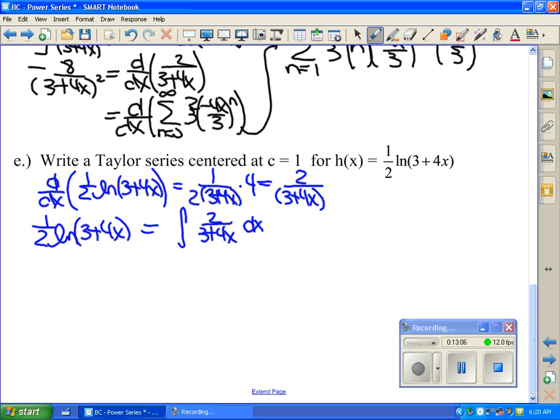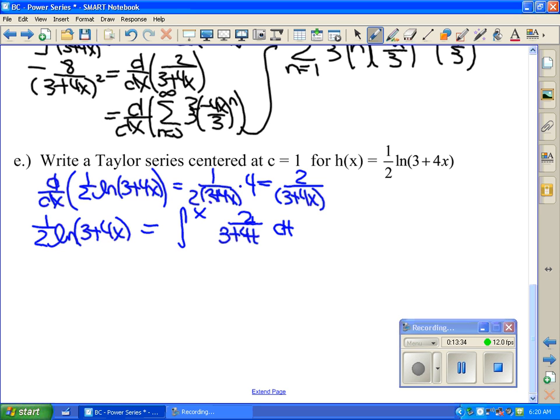Now, here's the problem though. If I were to integrate that as is, I would end up with natural log, but I'd also have a plus c. To get rid of the plus c, what I usually do, and I know this is different from the book, is rewrite this as a definite integral. So I'll write 2 over 3 plus 4t dt. That still gives me my natural log. I have to figure out the bounds to substitute so that I get 1/2 ln of 3 plus 4x.